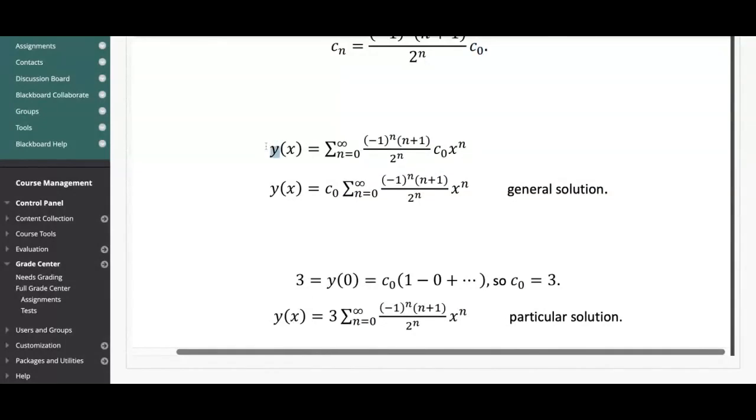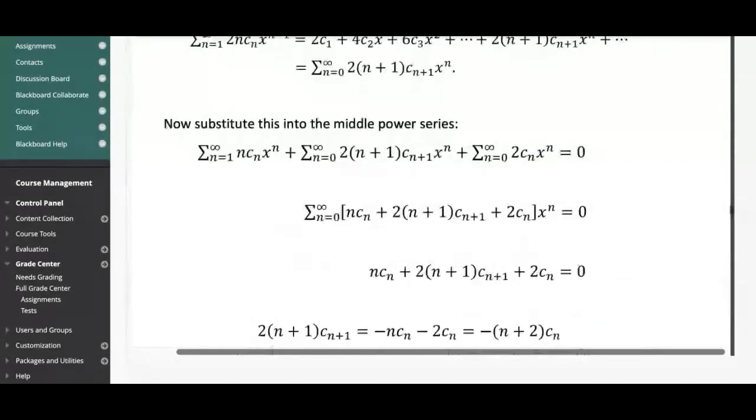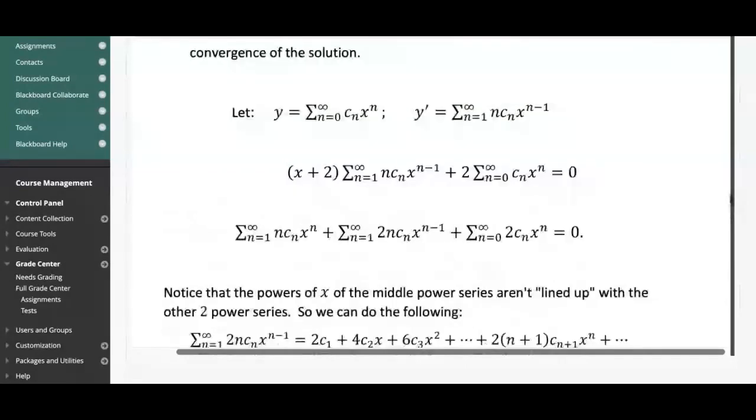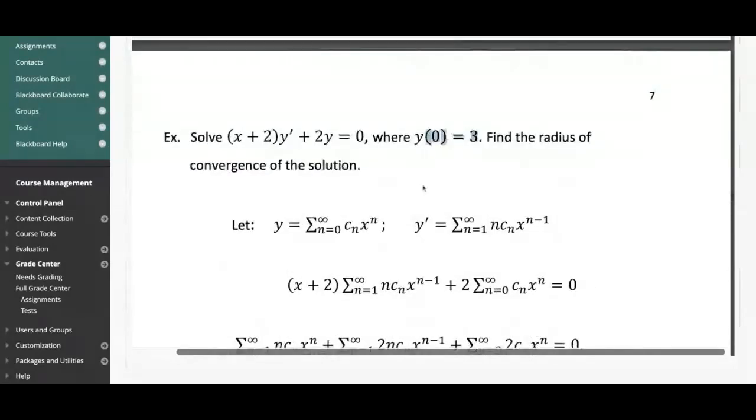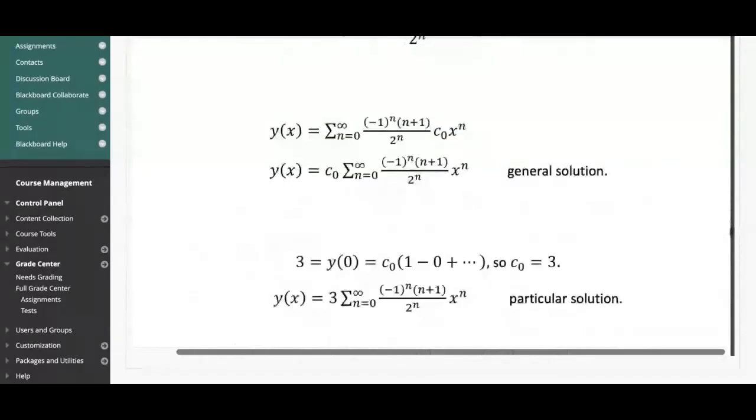Then we plug back in the Cn. Right? So Cn, we get this. If we're given an initial condition, and in this case we are given an initial condition, we can get a unique solution.